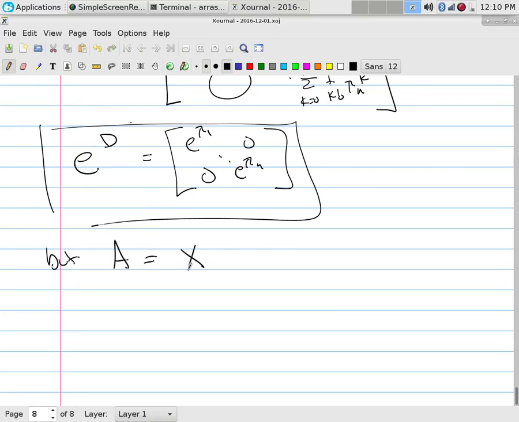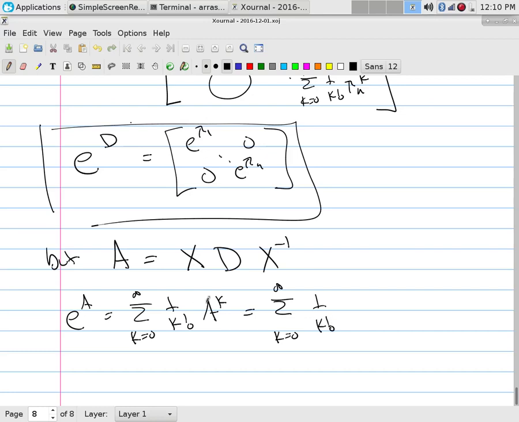But A is equal to X D X inverse. Well, e to the A was the sum from k equals 0 to infinity of 1 over k factorial A to the k. But that's equal to the sum from k equals 0 to infinity of 1 over k factorial, what is A to the k? It is X D to the k X inverse.